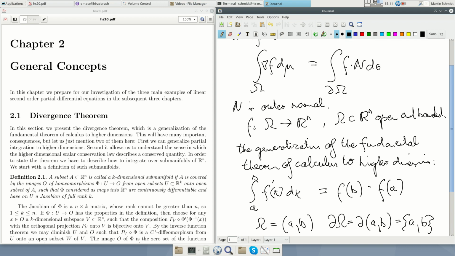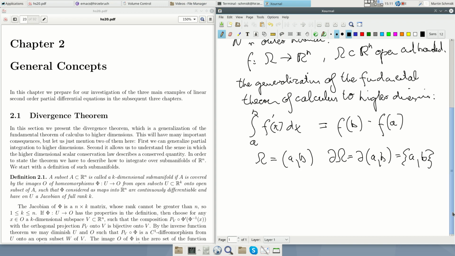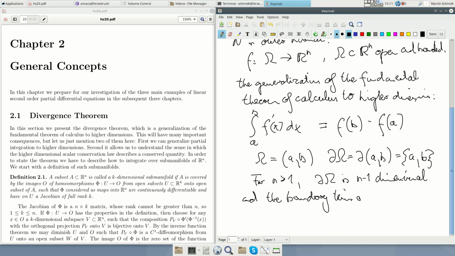But in higher dimensions, for n larger than 1, the boundary d omega is n minus 1 dimensional, and the boundary terms are also integrals.